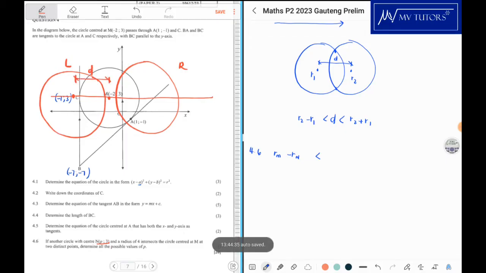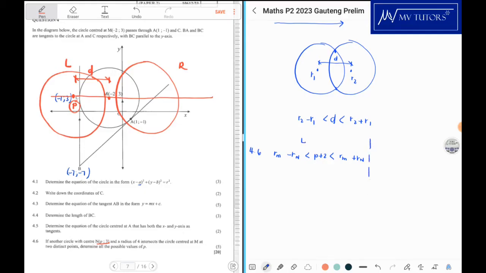Remember for the circle n we have p, so this distance d is p minus negative 2, which is simply p plus 2. So you have p plus 2, and then we have our radius of m plus our radius of n. That's when we have the circle to the left.